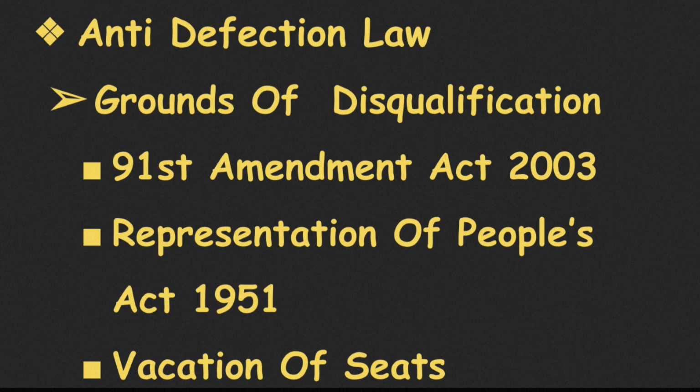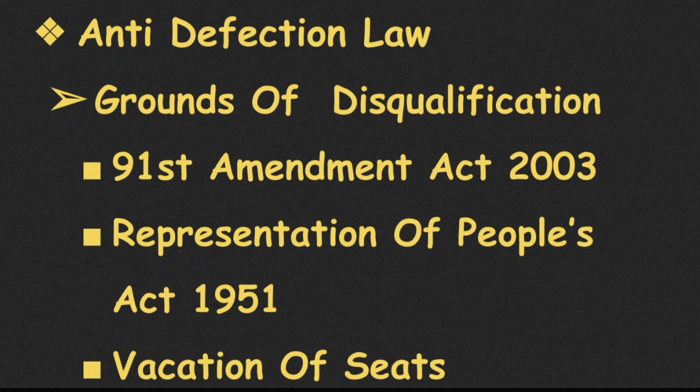If a legislator is found guilty of certain electoral offences or corrupt practices; if a legislator is convicted in any criminal case resulting in imprisonment for 2 years or more; if a legislator has failed to submit an account of his election expenses within the specified time; if the legislator has an interest in government contracts, works, or services; and if he or she is a director or managing agent or holds an office of profit in a corporation in which the government has at least 25% stake.